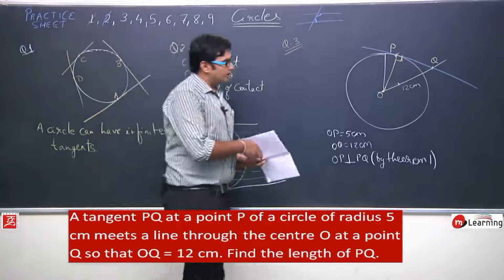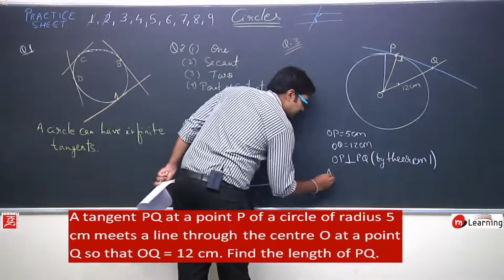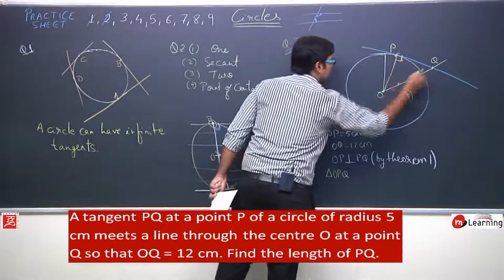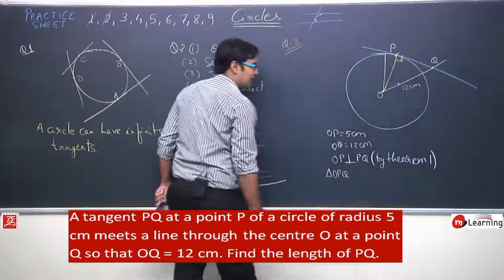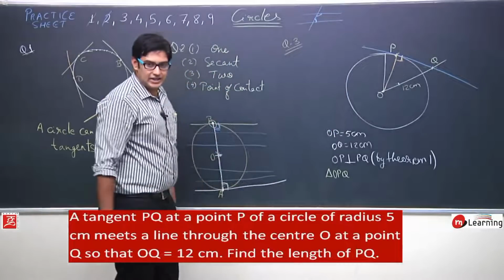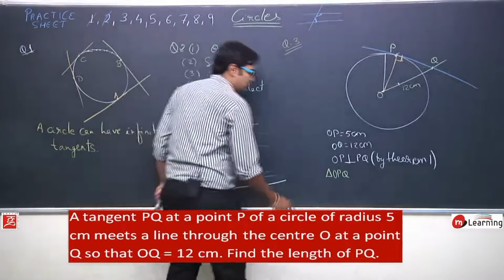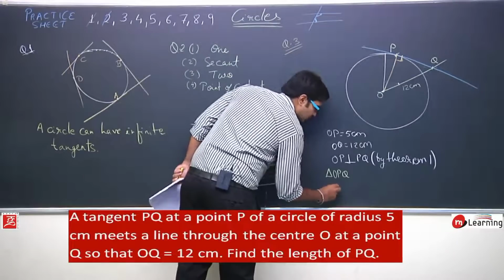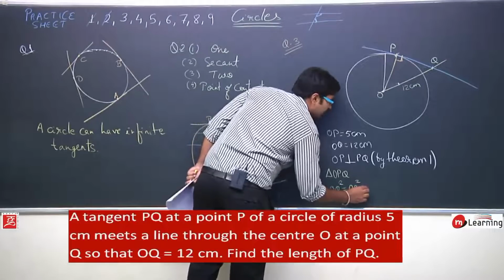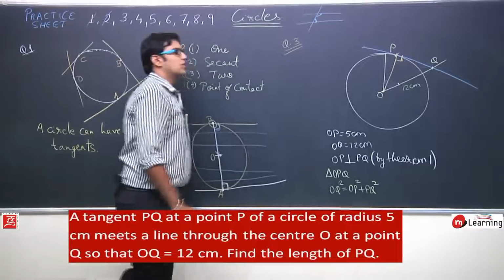Now since OP is perpendicular to PQ, observe the triangle OPQ. In this triangle OPQ, you have this angle as 90 degrees. Since angle P is 90 degrees, I can apply the Pythagoras theorem to this triangle. By applying the Pythagoras theorem, OQ square is equal to OP square plus PQ square.